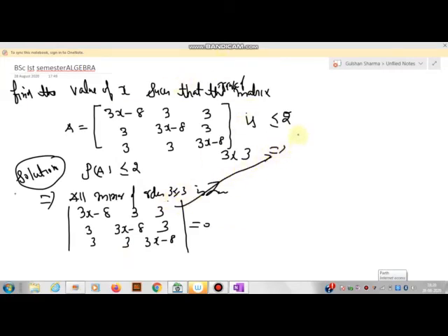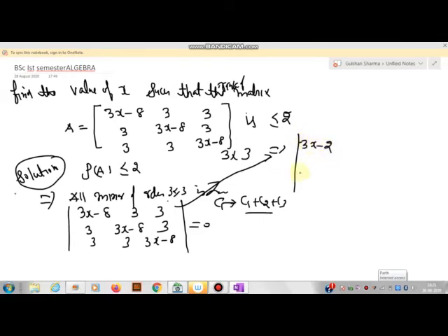I'm applying the operation C1 plus C2 plus C3. So what will happen? 3x minus 8 plus 3 plus 3, that is 6, 6 minus 8, it becomes 3x minus 2.